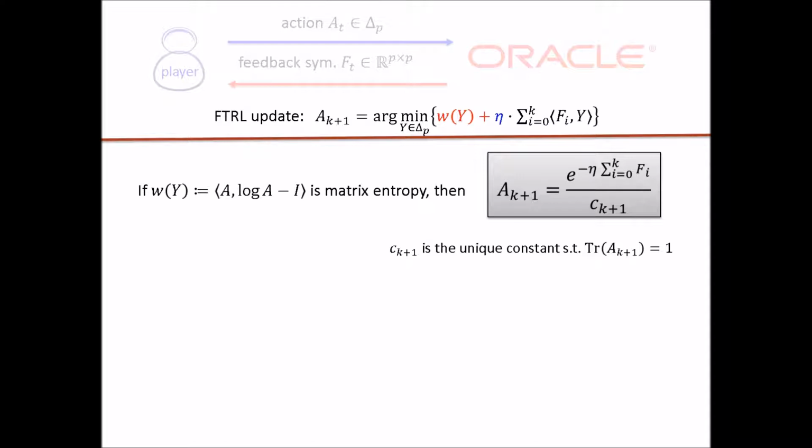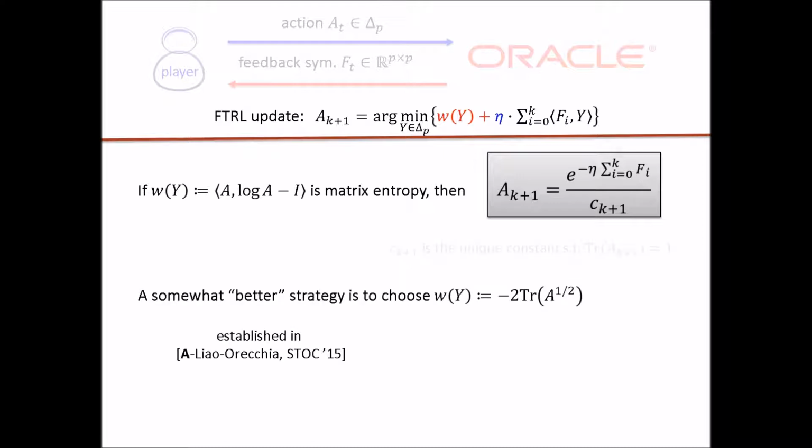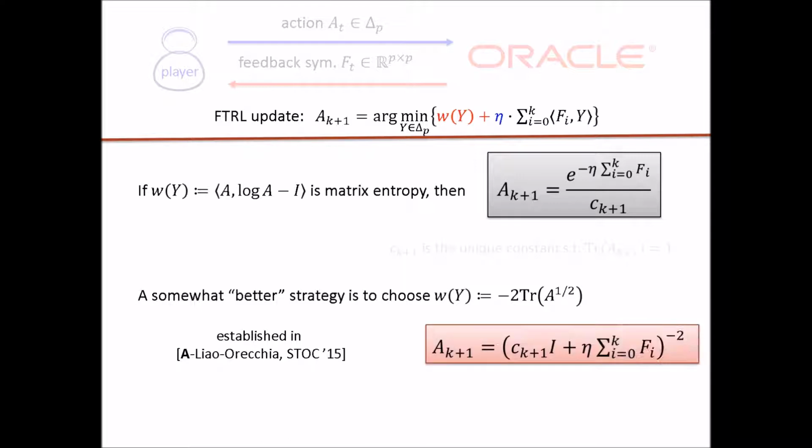But in this talk, I'm going to use a somewhat better strategy that we introduced in this paper 2 years ago. We propose to choose a different regularizer, that is -2 times the trace of the square root of the matrix, which I'm going to motivate a bit later. If you choose that regularizer, it gives you a different strategy that looks like this.